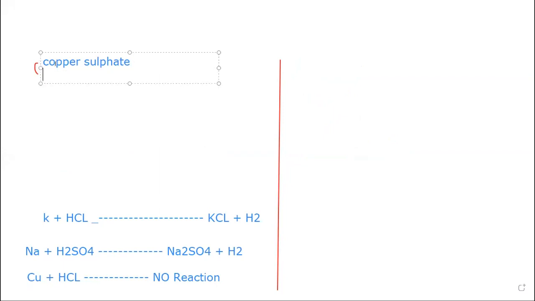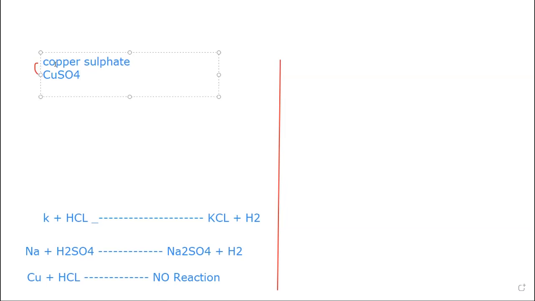The chemical formula for this compound is CuSO4. When you look at this chemical formula, the symbol of it, what does it say here? CuSO4.